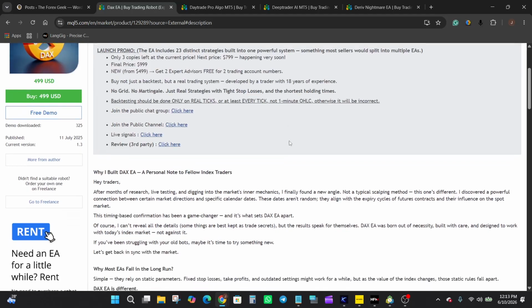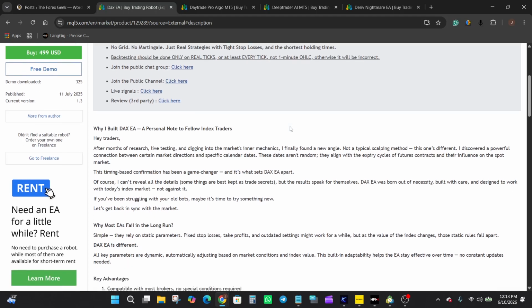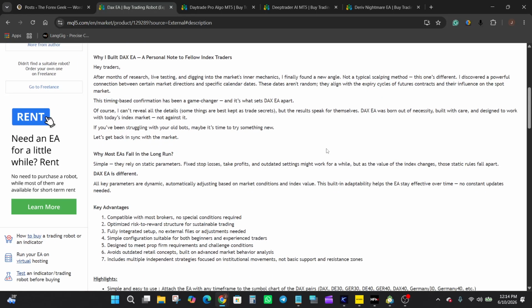As I continue through the product page, the developer explains that the system was built around a timing-based approach related to futures expiry cycles and their influence on the DAX index market. While the exact methodology isn't disclosed, this is presented as one of the core concepts behind the EA.